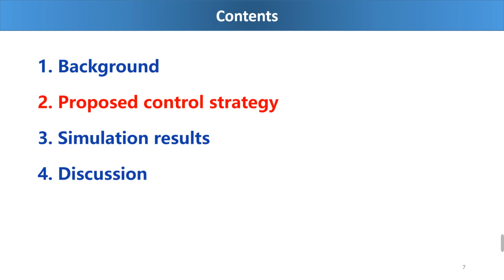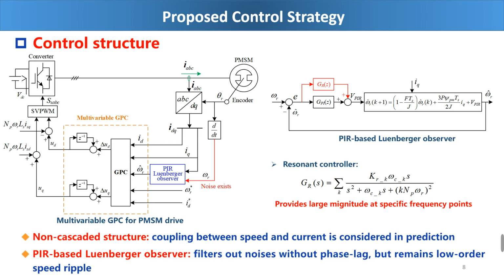So let's have a look at the proposed control strategy to solve these two problems. Firstly, the control structure. We have a non-cascaded multivariable GPC, so both the speed and the current are controlled with a single controller. And here we have a PIR based Luenberger observer. For the conventional Luenberger observer, we just use PI to remove the estimation error.